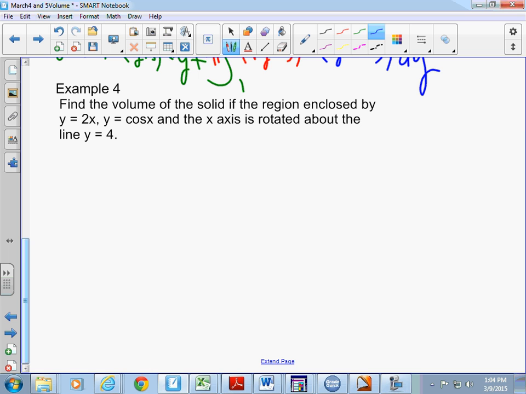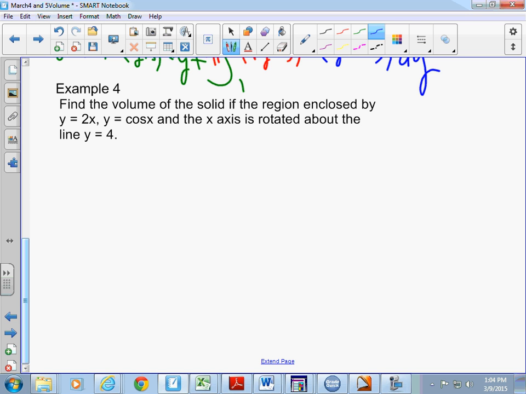I'm going to show you one split on the x-axis. Now this one didn't draw the picture for me, but this will be a calculator question. Someone tell me why this is a calculator question. Cosine of x equaling 2x. Do you have any way to find that? No. So that's a calculator question.